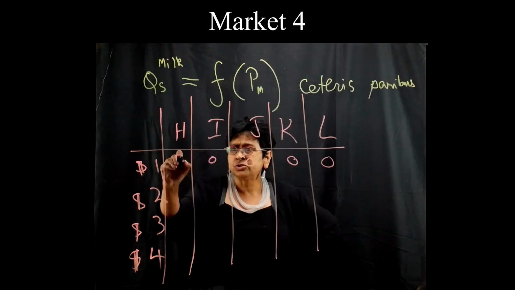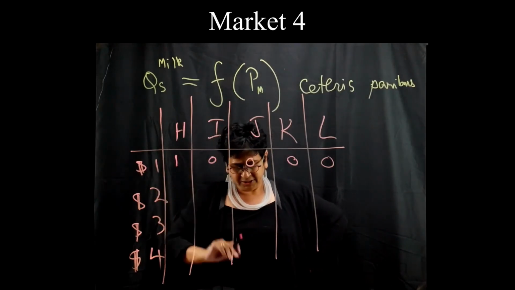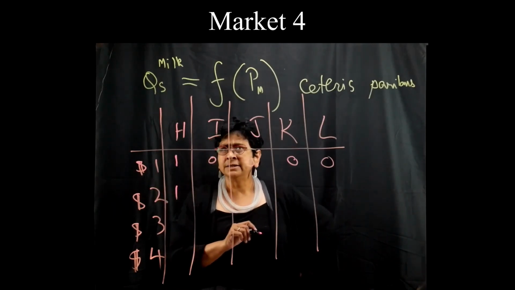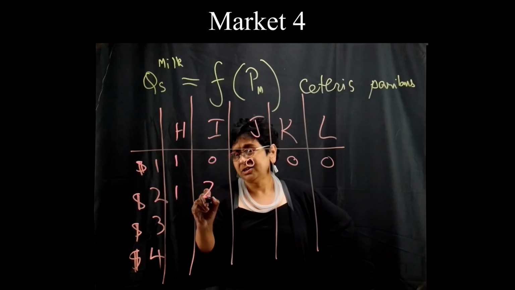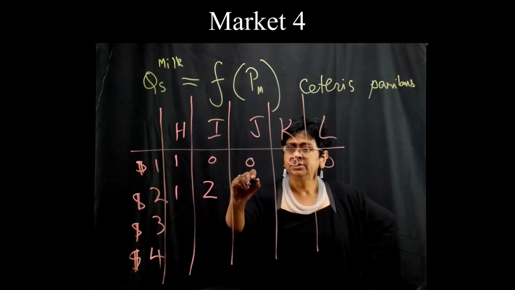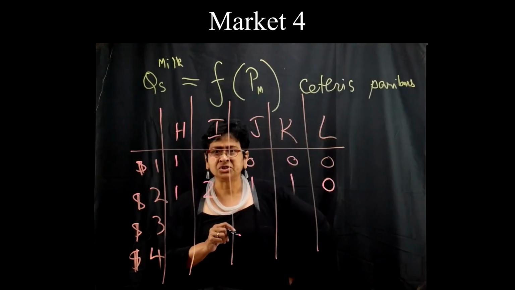But if the price goes to 2, H is still planning to sell milk, 1 unit, but now we find that I enters the market and sells 2 units of milk. J enters the market, K enters the market, L still finds the price too low.